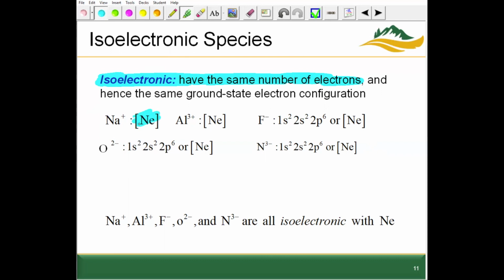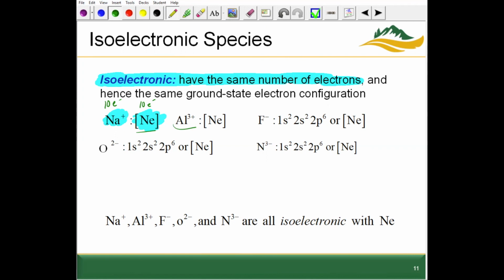Well, neon, we know, has 10 electrons. When sodium is neutral, it has 11 electrons. The cation of sodium, though, lost 1 electron, then it ends up with just 10 electrons. So Na plus has 10 electrons. Neon itself already has 10 electrons, the neutral form of neon.